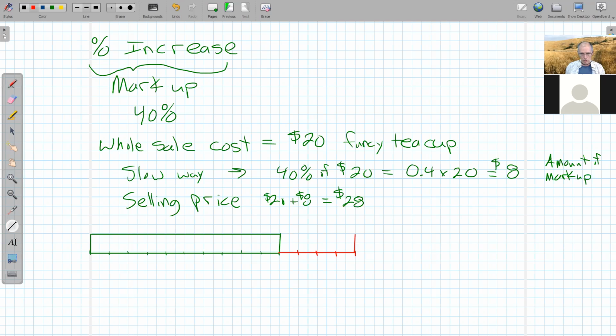If you're not the neatest person, which I'm not some days, a ruler helps, graph paper helps. Use whatever tools you can to make it better. So here is my 100% down there. Maybe I can even shade that, make it prettier.